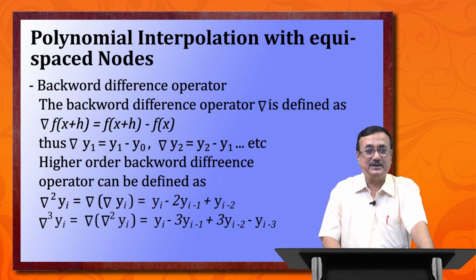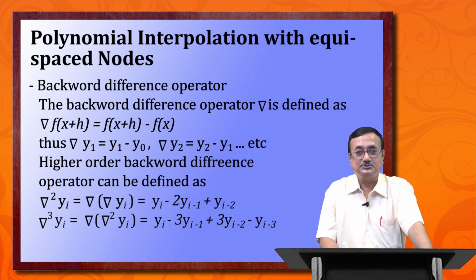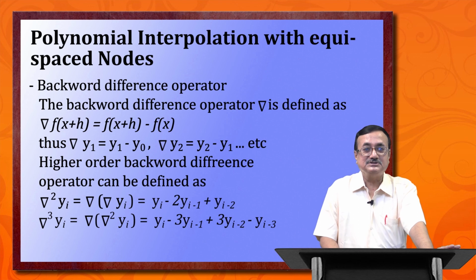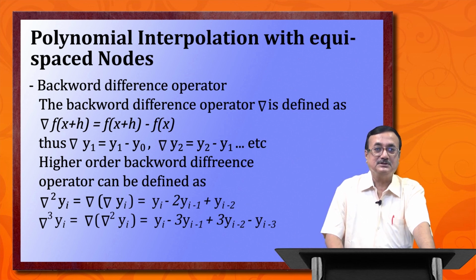In general, nabla of order k operated on yi gives the summation over r equal to 0 to k of (minus 1) to the power r, kCr, into f(x minus rh), where k lies between 1 and n. So this is the backward difference operator.